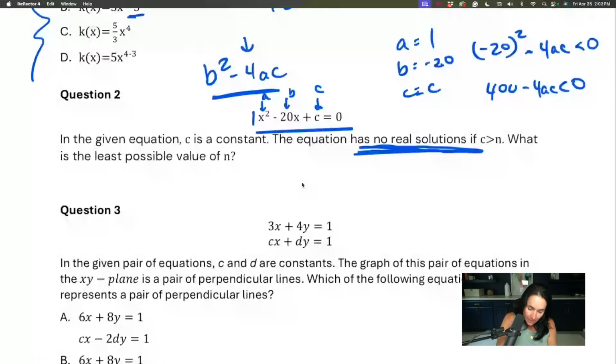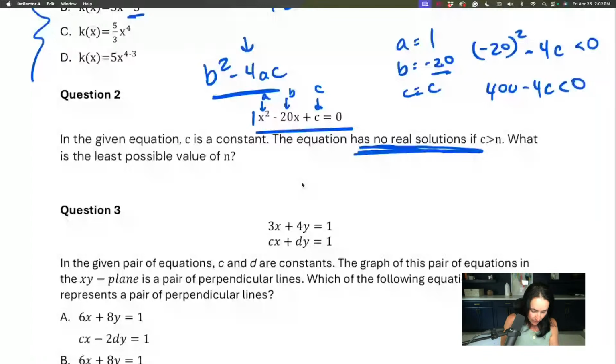Actually, you don't need this a. Sorry, it's just 4c. I apologize. The 4 is the a. So we have negative 20 squared minus 4a, which is 1c.